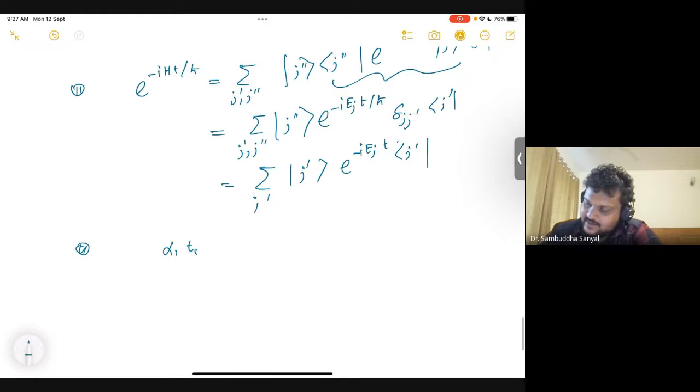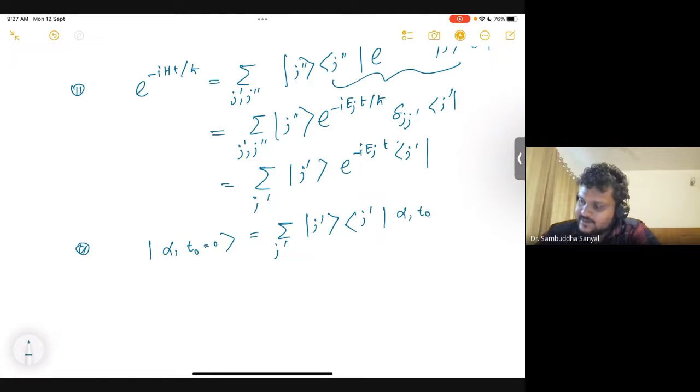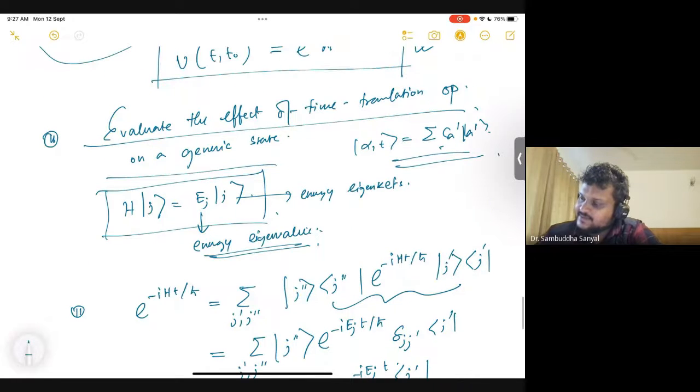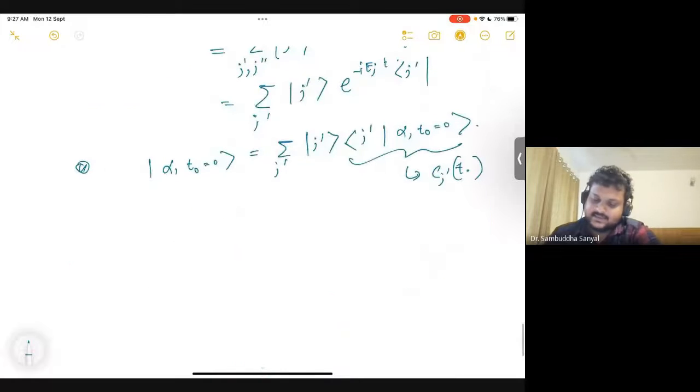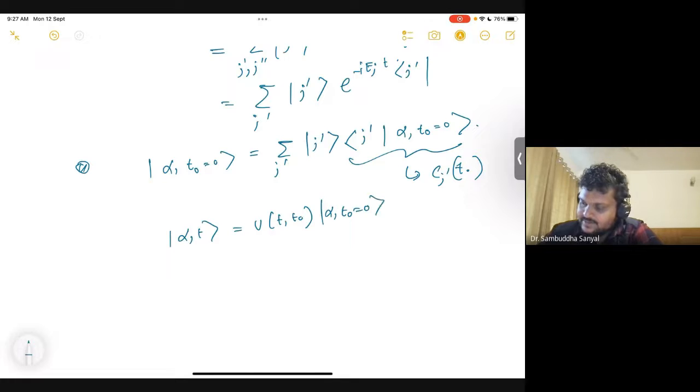So alpha t naught equal to 0, I can express it as a sum over the j primes, which are energy eigenkets, Hamiltonian eigenkets, times <j'|alpha t naught>. So this is my Cj prime t naught, in this notation C a prime. So alpha t is nothing but U(t, t naught) alpha t naught equal to 0.